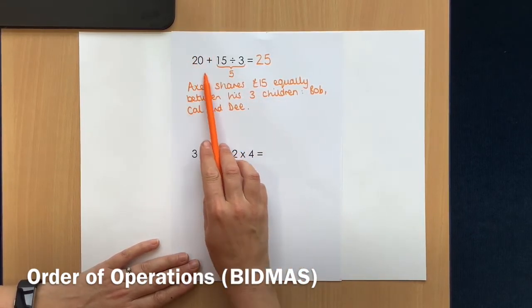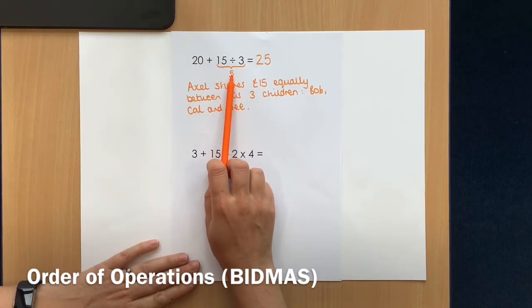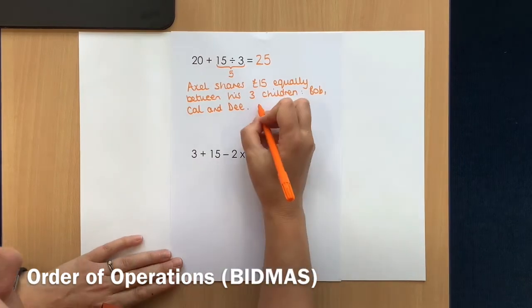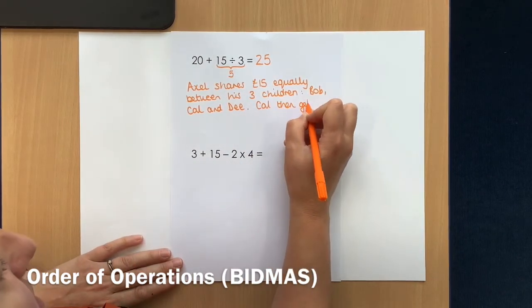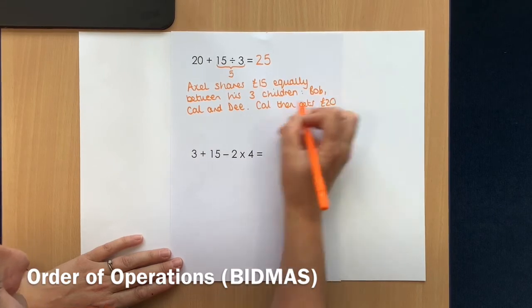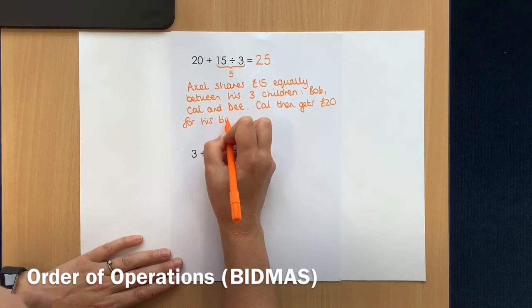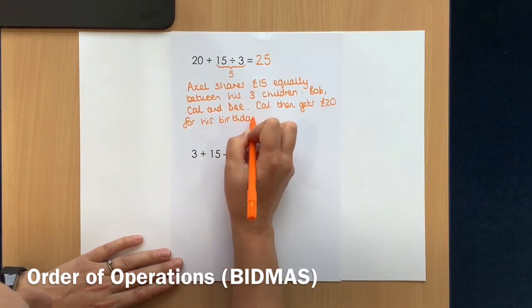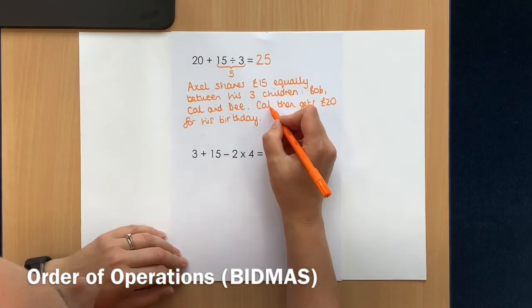And then one of the children I'm going to do gets £20 extra. So they've each got 5, so we've done that first. And then let's say Cal then gets £20 for his birthday. Don't forget when you're writing a word problem, you must actually ask the question at the end. It can be very easy to forget when you've got it in your head.